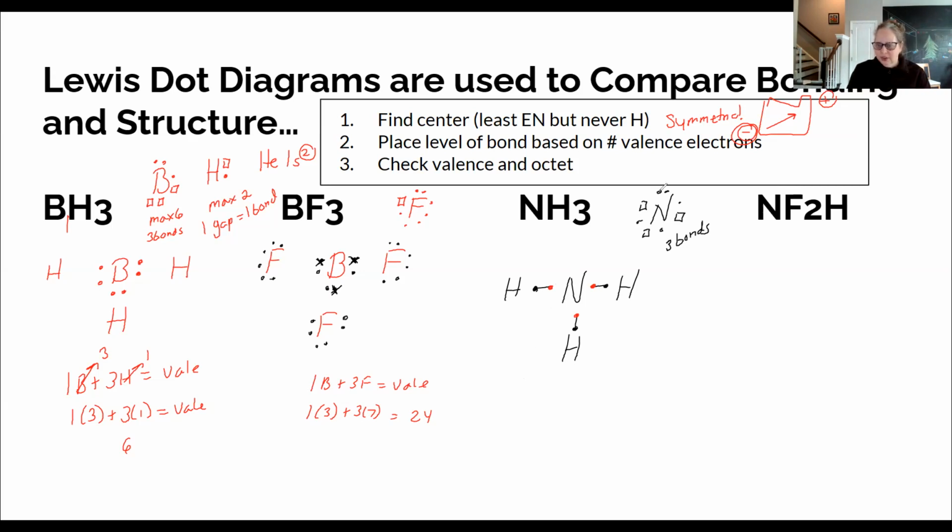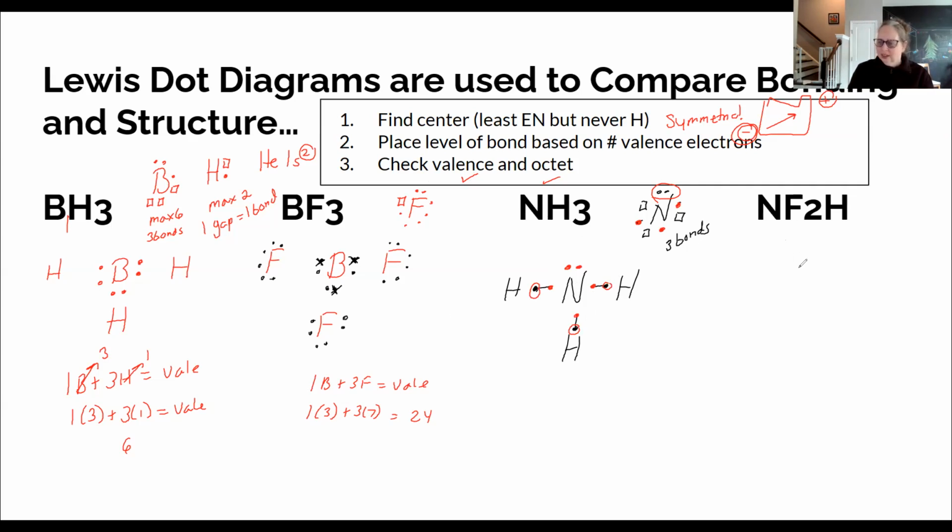Nitrogen is only showing 1, 2, 3 valence electrons. How many is supposed to have? 5. Make sure you check at the end that the valence is correct and the octet is correct. So nitrogen has 5 valence now, and then 6, 7, 8. So that is our completed structure of ammonia or nitrogen trihydride.